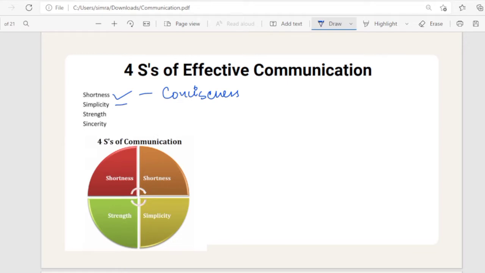Now the next S is simplicity. Simplicity means you should use simple words. Now if I am explaining to you the 4 S of effective communication and I am using some technical words, very high language words, then will you be able to understand it?